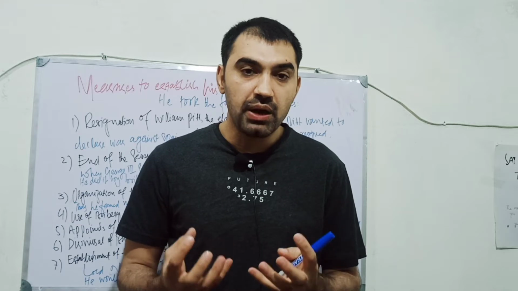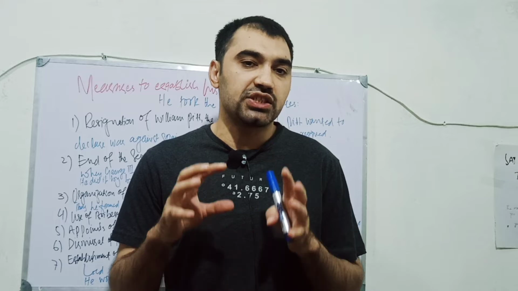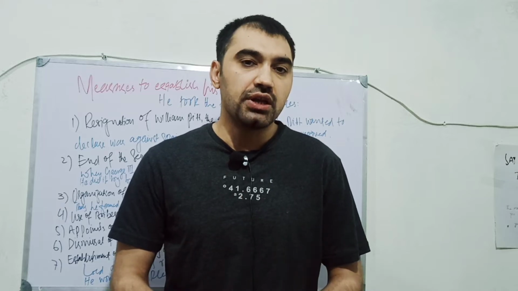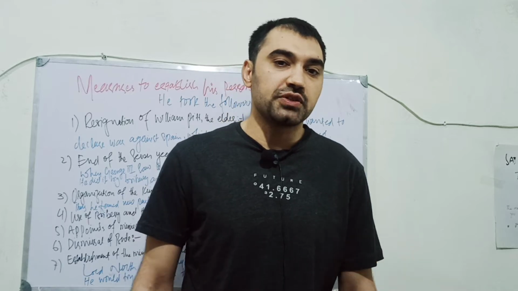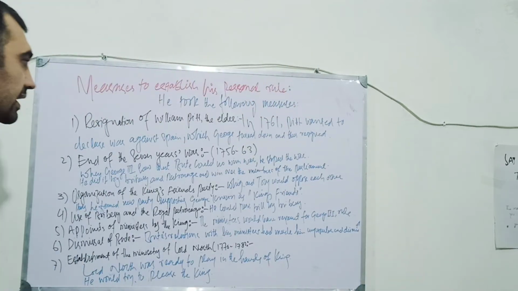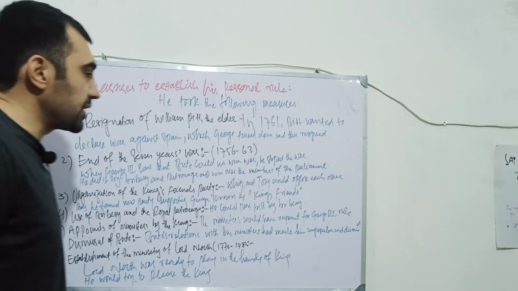Now we will talk about the intentional measures that he took and established his personal rule. So what measures did he take? The first measure that he took was the resignation of William Pitt the Elder.